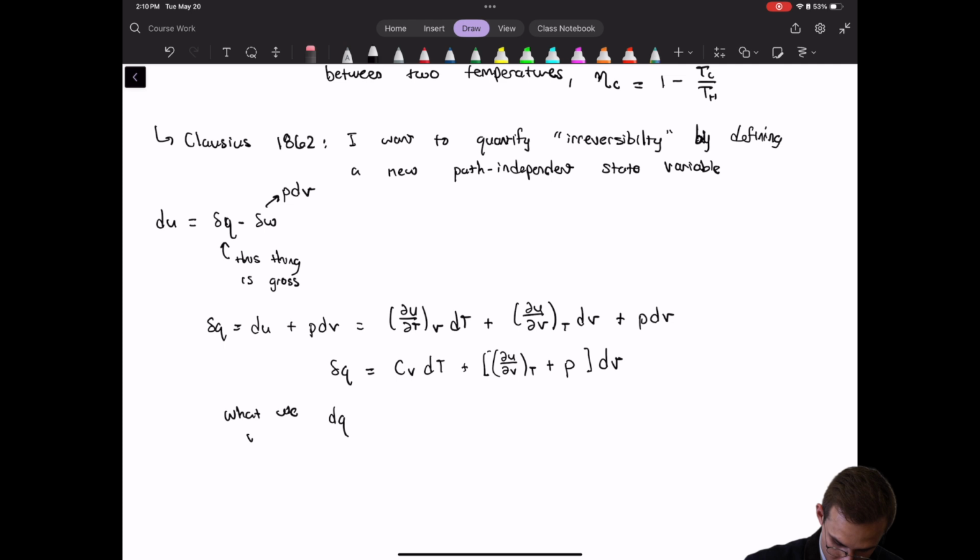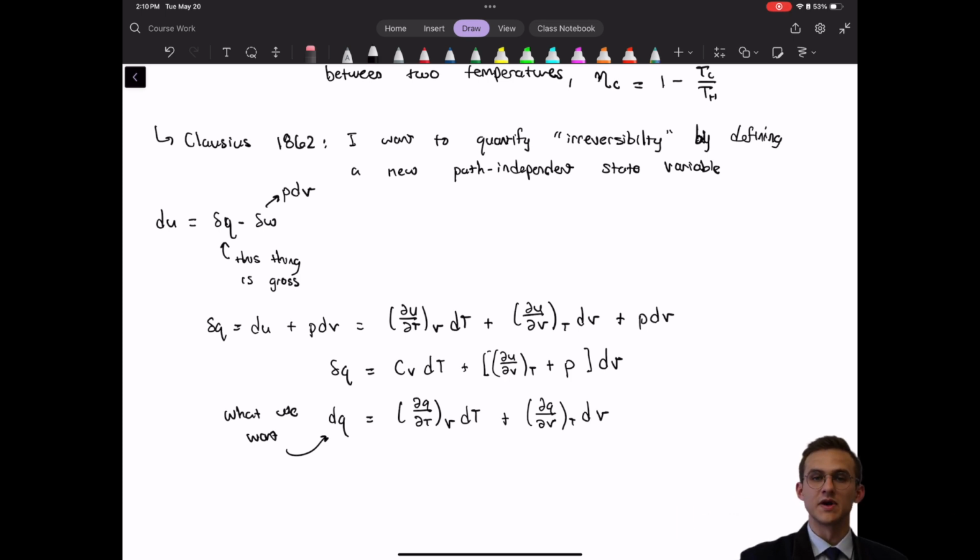We want Q to be a state variable, and if it's a function of V and T, you would end up with dQ = (dQ/dT at constant V) dT plus (dQ/dV at constant T) dV.